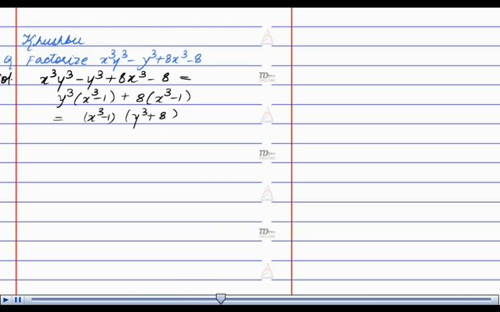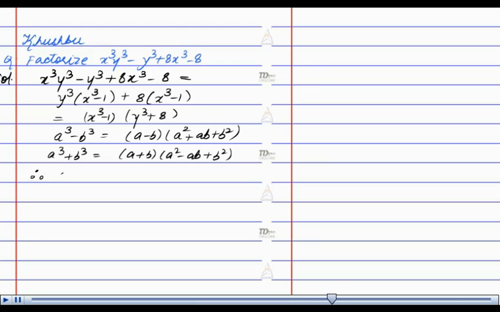We know that a cube minus b cube can be written as (a minus b) into (a square plus ab plus b square), and a cube plus b cube can be written as (a plus b) into (a square minus ab plus b square).